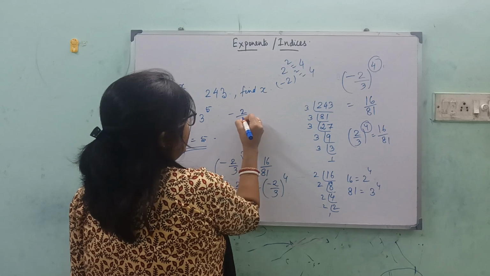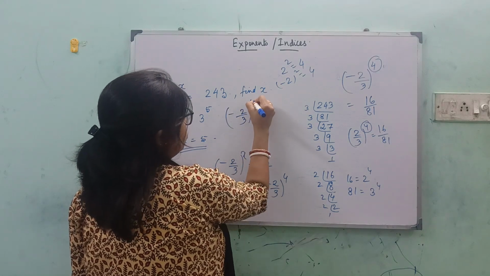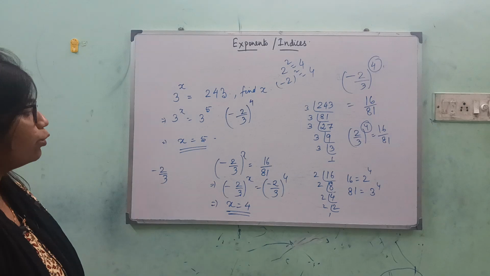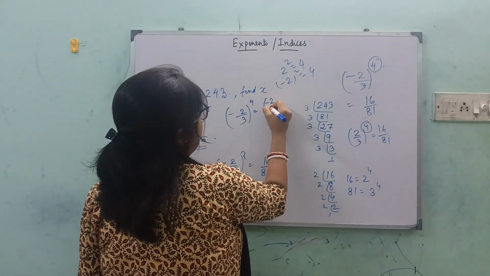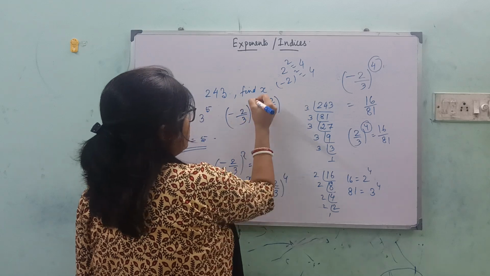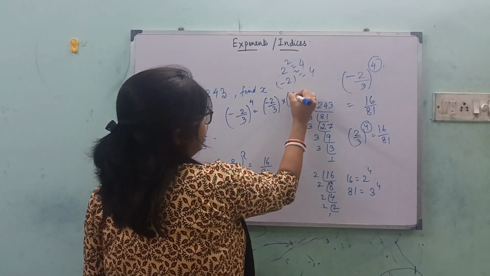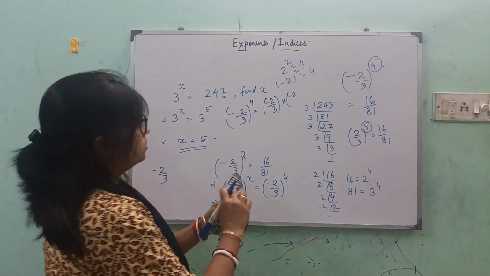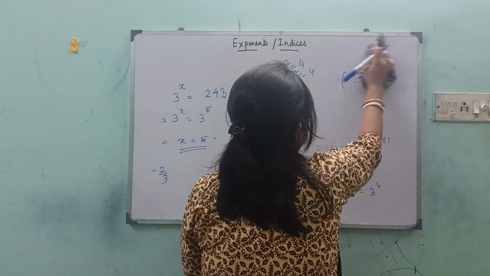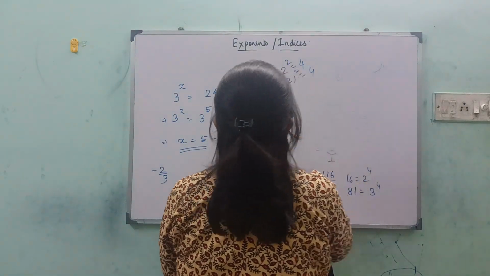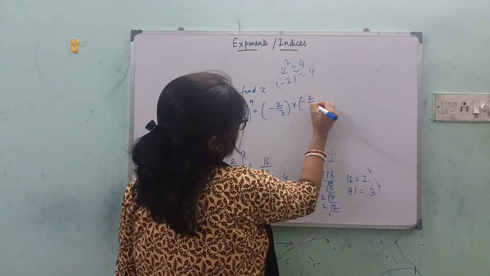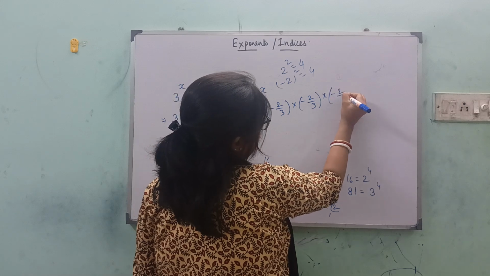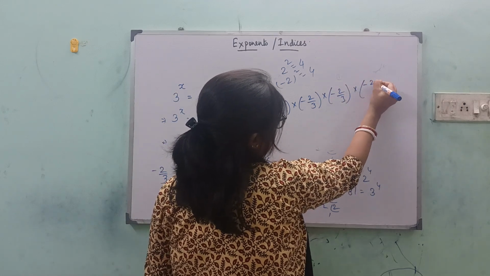Just to show you once again, how do we get minus 2 by 3 whole to the power 4 as 16 by 81? Minus 2 by 3 into minus 2 by 3 into minus 2 by 3 into minus 2 by 3.